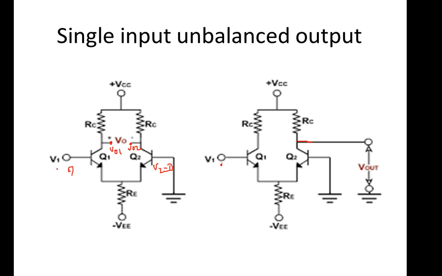In this case the V1 is connected and V2 is connected to ground, and we are taking output from only V01. So in this way we are having the differential amplifier in 4 cases. The differential amplifier will amplify the difference between the two signals.